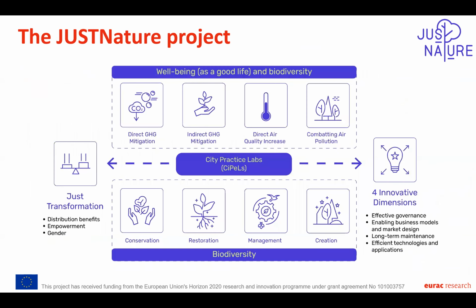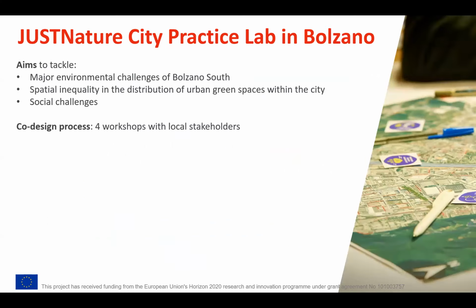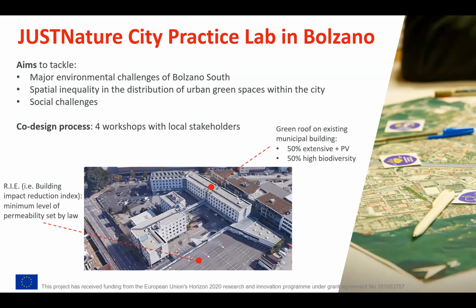So here you can see we are mainly focusing on environmental aspects and biodiversity, but we have the case study exactly in Bolzano, in the area I presented before, in which we will have a green roof on an existing municipal building, which already is hosting some solar panels and will host part of the roof becoming extensive green roof with the solar system, and part of the roof will become a high biodiversity green roof.